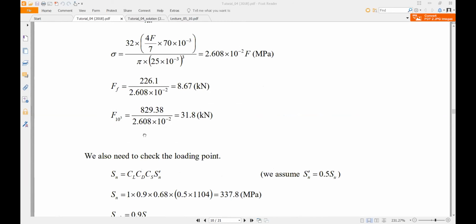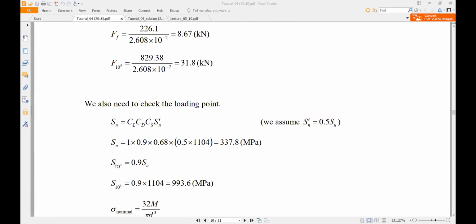Okay, and at the same time you need to do the loading point and calculate the loading point strength. So this is the calculation. KF is equal to 1 here. So we can calculate the 10⁶ cycle strength value at the loading point.